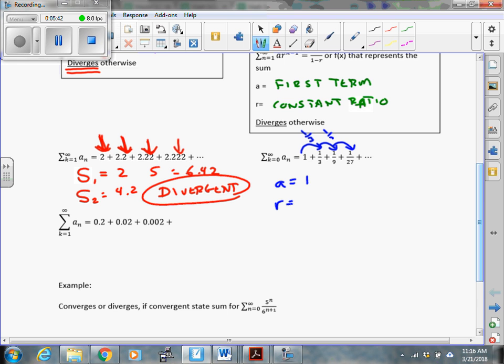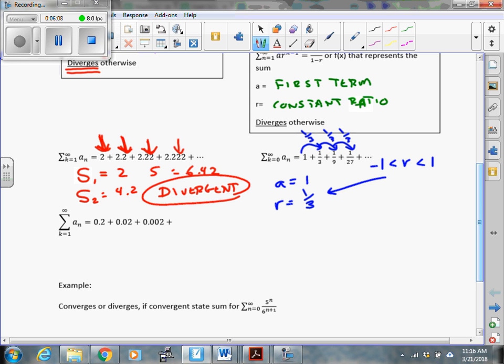If I multiply by 1/3, I get 1/9. If I multiply by 1/3, I get 1/27. So that is really, really good because I have a geometric series, which we've clearly shown it is. This is in the interval of convergence. So I know for sure this converges.